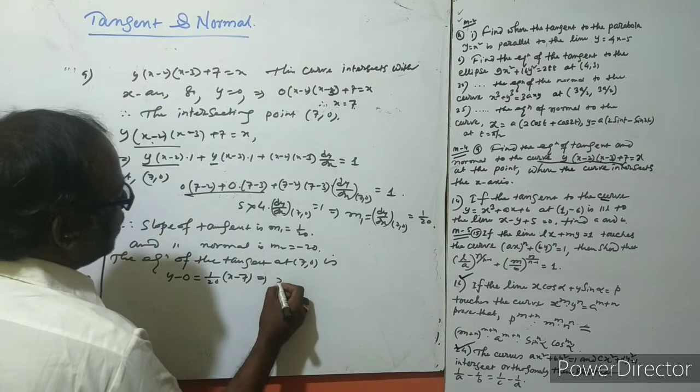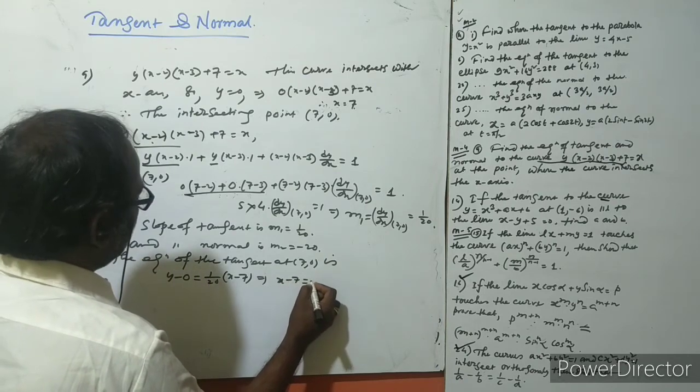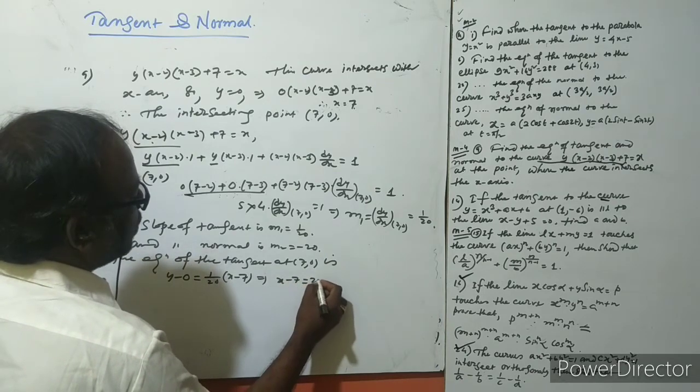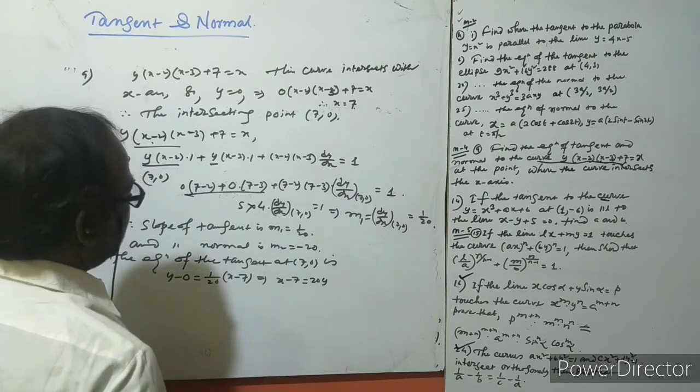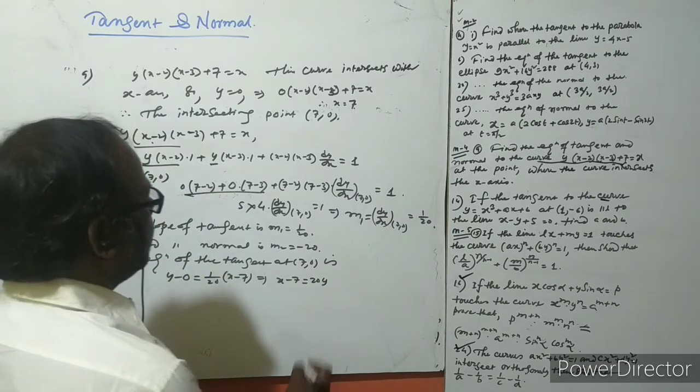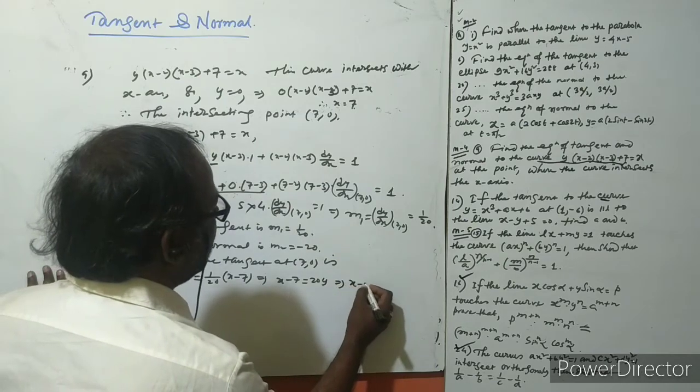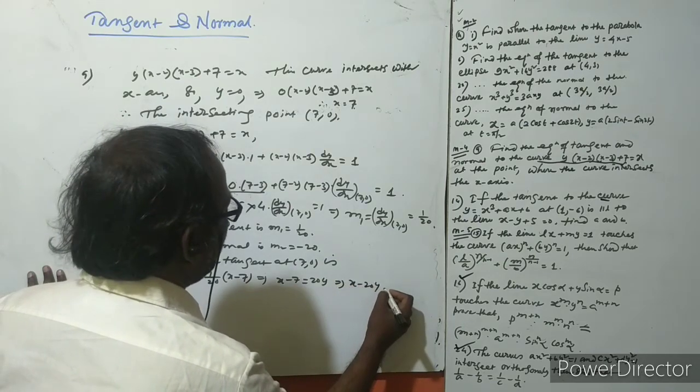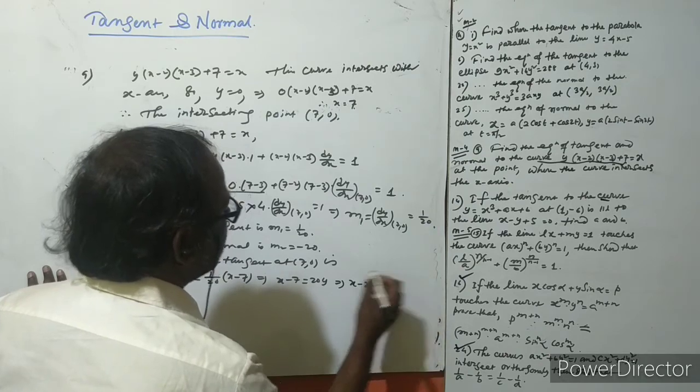This implies x minus 7 is equal to 20y, that is x minus 20y equal to 7.